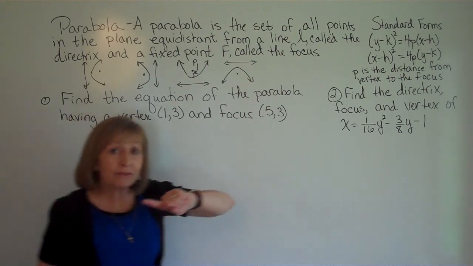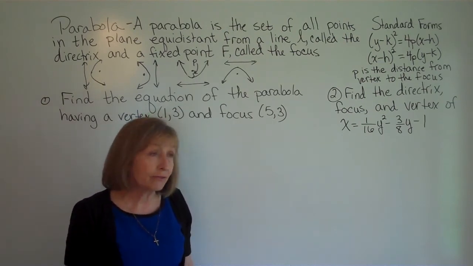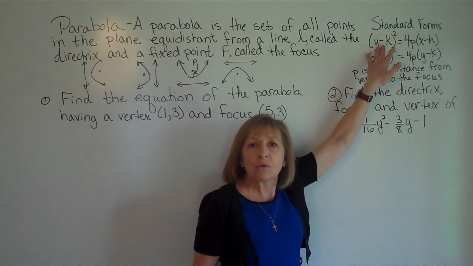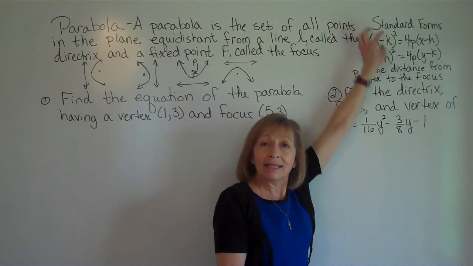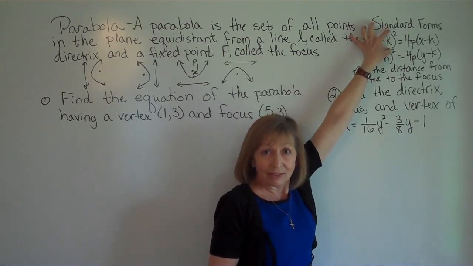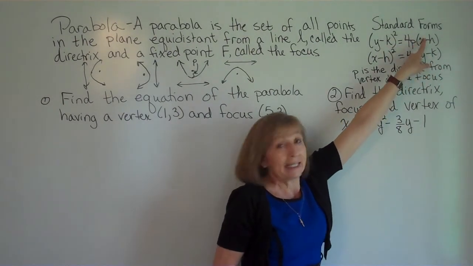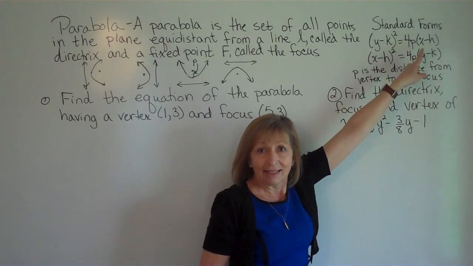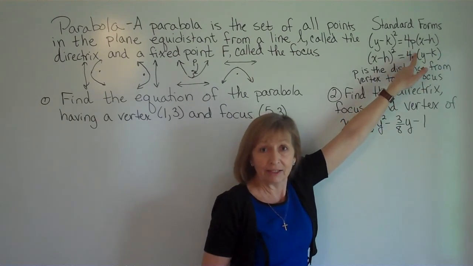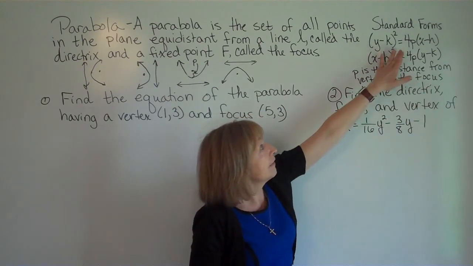When I want to figure out the focus, the directrix, as well as the vertex, we arrange it differently. We arrange it so the variable that has the square on it gets to be on a side by itself, and then with its shift, and then the first degree is on the other side, and the coefficient that's out in front of that then is 4 times your p-value, and that 4 is consistent throughout the definition of it.